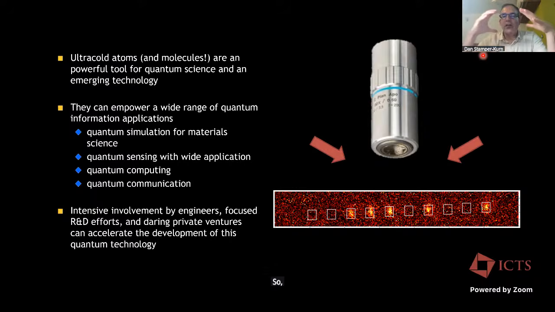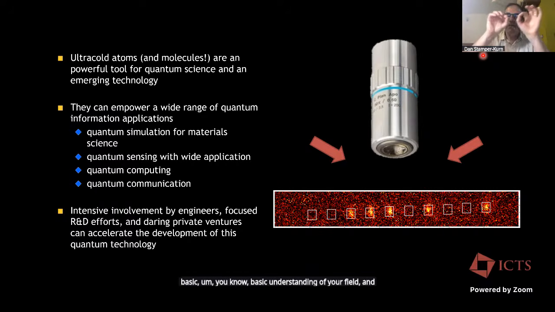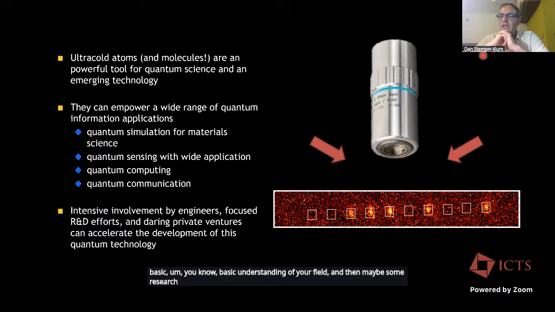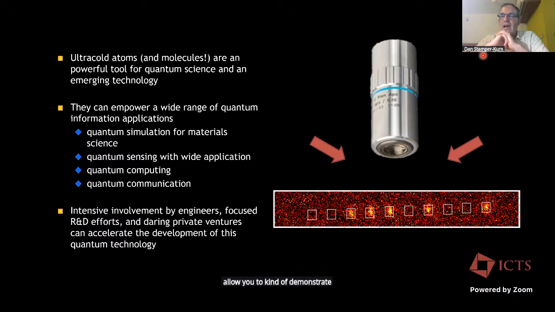So I would say a good, solid, basic understanding of your field, and then maybe some research experiences that allow you to demonstrate how active and creative you can be in the lab.